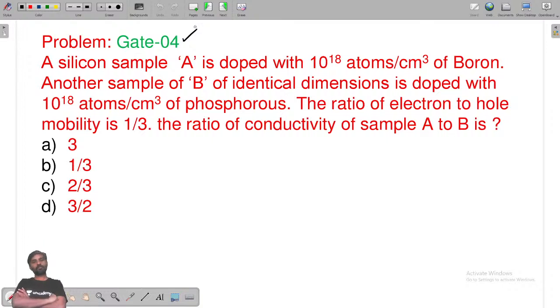This was given in GATE 2004. Let us see. A silicon sample A is doped with 10 to the power of 18 atoms per centimeter cube of boron.